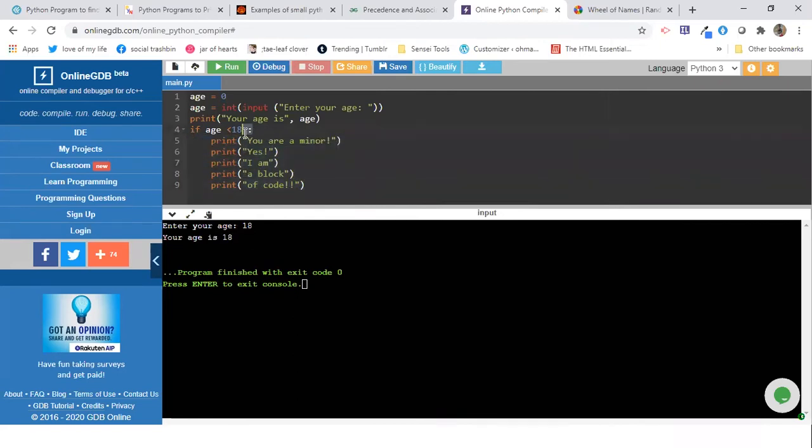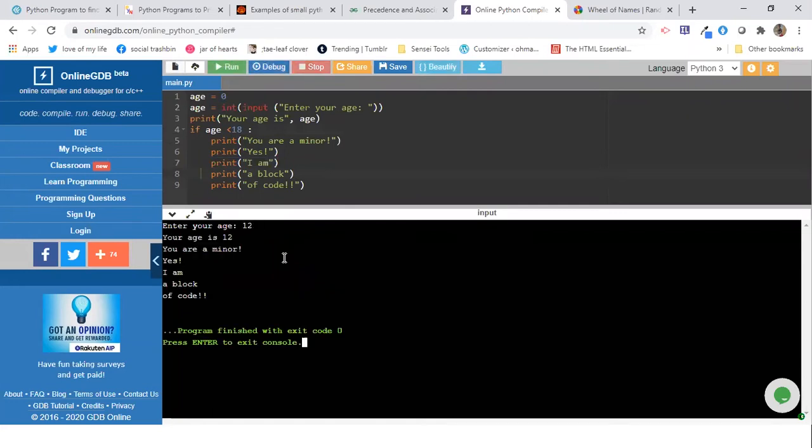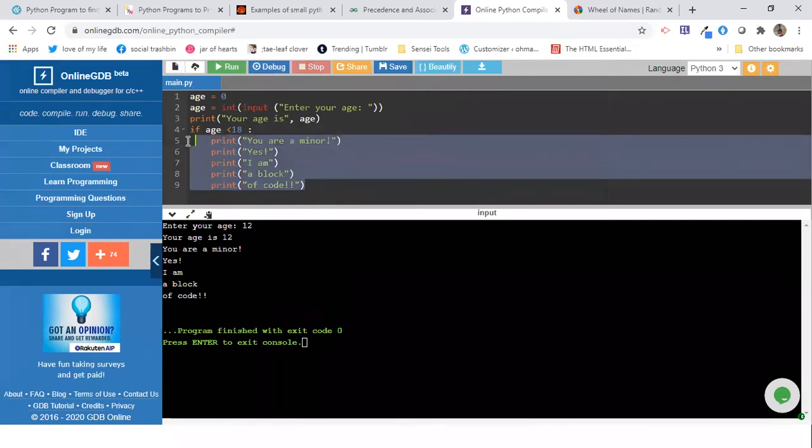Say, after ng colon, itong block na to, this indicates na under siya dito sa if statement. And it is important that for a block of code, meron siyang same number of spaces. So if you run this, mag-output yung lahat ng instruction.